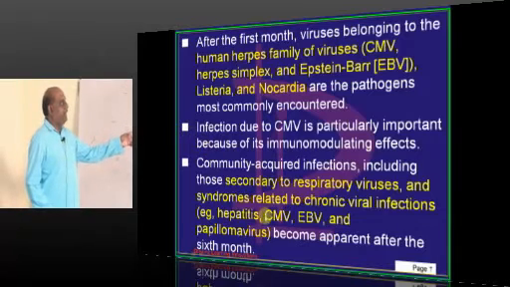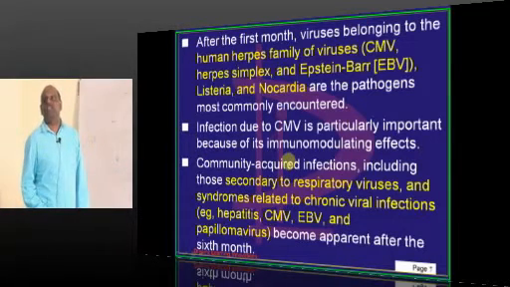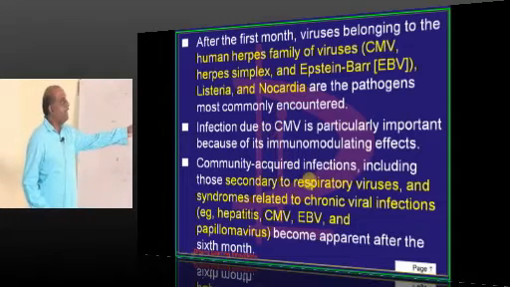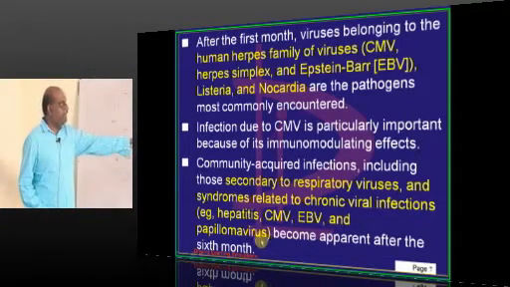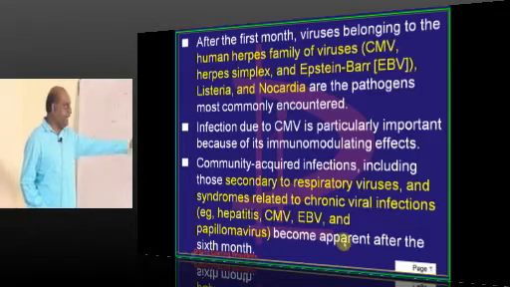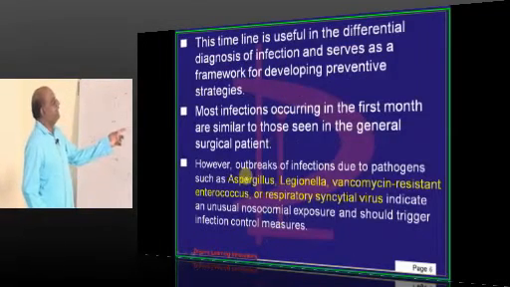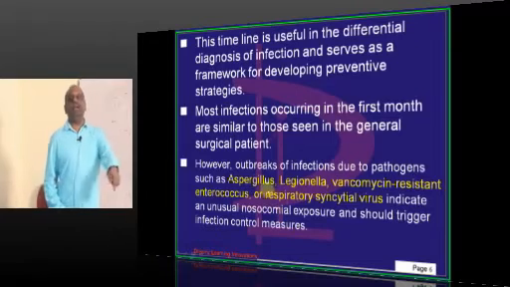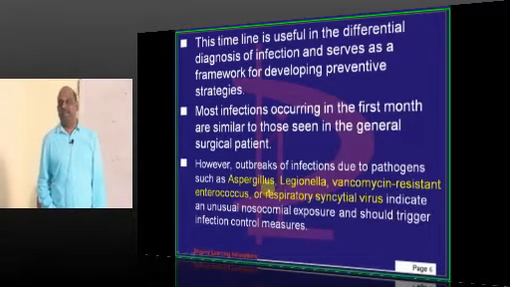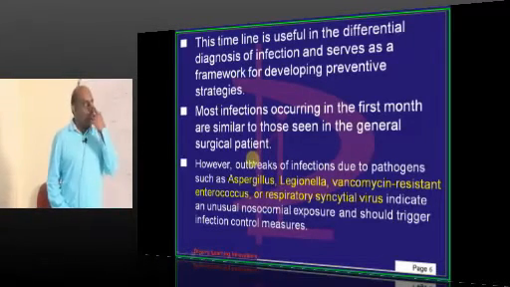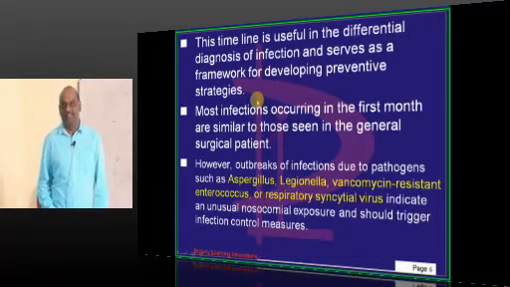Then after 6 months आने वाले infections क्या होते हैं? Respiratory viruses and chronic viral infections including CMV, they can occur after 6 months. Then within 1 month अगर infection आ गया after transplant, commonly कहां से आ रहे हैं वो? नर्स मेरी के नाक से आ रहे, nosocomial infection, right?